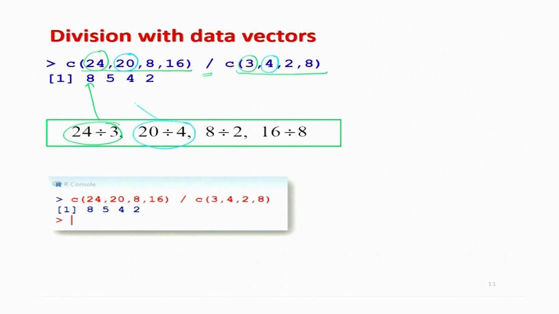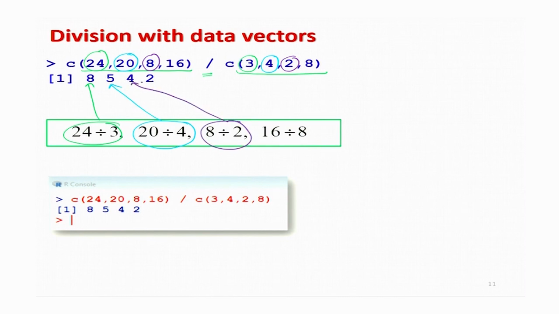So, this will give you the answer 5, and then the value at the third position in the data vector 1, which is 8, and the value at the third position in the data vector 2, which is 2, are divided, and you get 8 divided by 2, which will give you the answer 4.